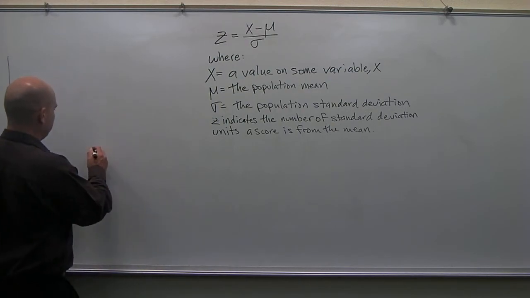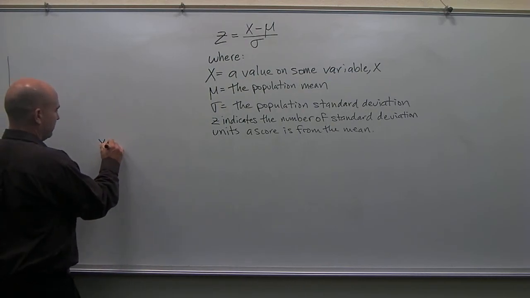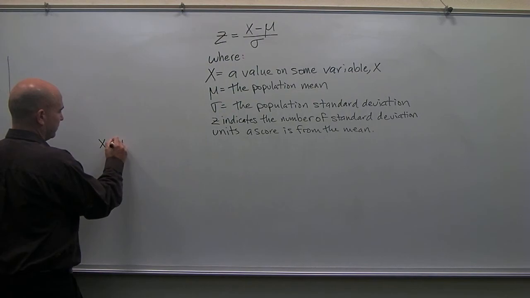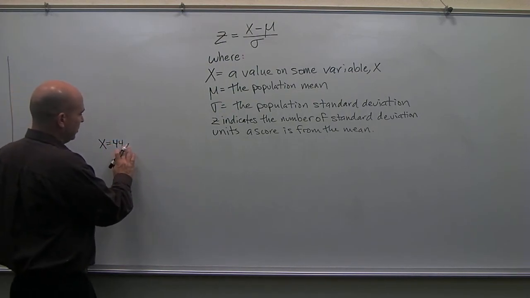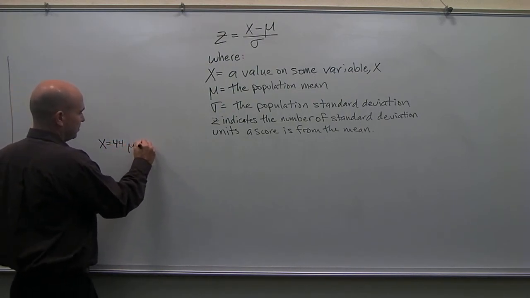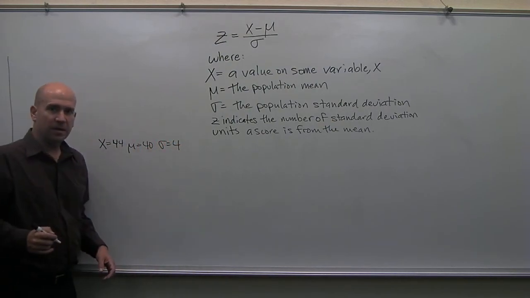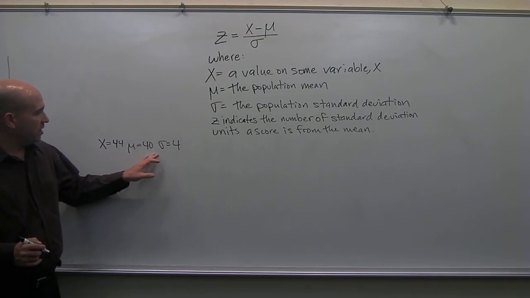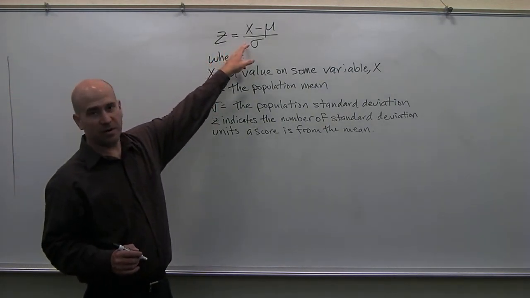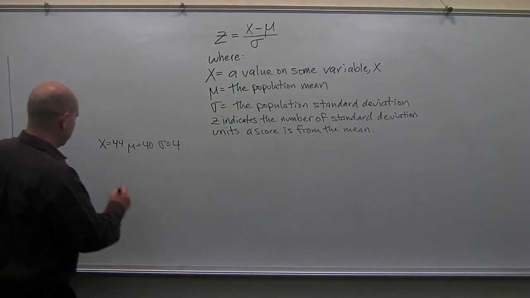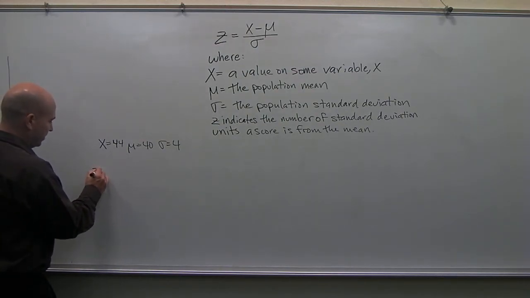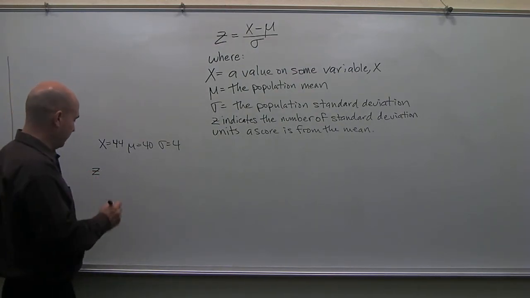Our first example, we'll have x equals 44, mu equals 40, and sigma equals 4. Now in this example, we're going to plug these values into our z-score formula. So z, and you should be able to do this along with me now.